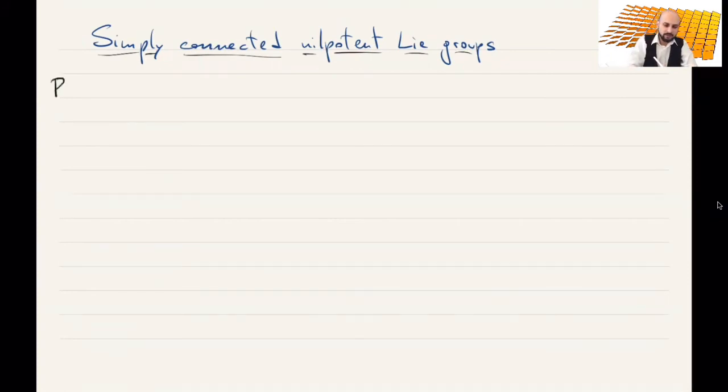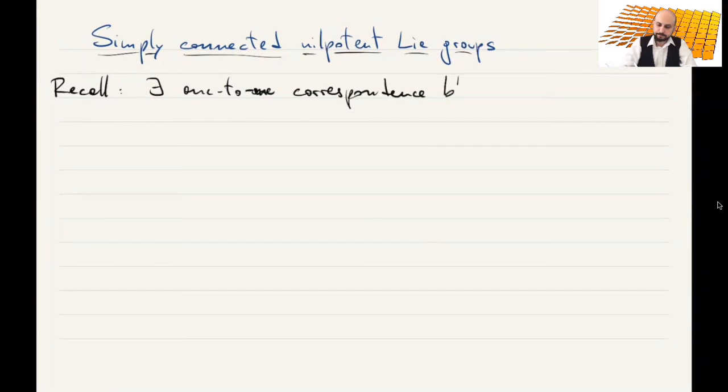So recall first one thing from general Lie group theory, that there exists a one-to-one correspondence between simply connected Lie groups and Lie algebras.